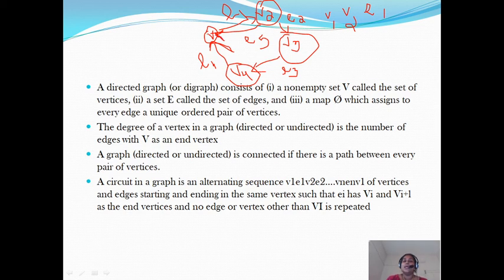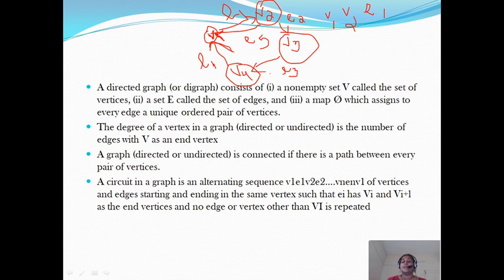That means the degree of vertex V1 is determined by the number of arrows with V1 as the end vertex. That is, the arrow must end at V1. So how many arrows end at V1? That is the degree of V1. Now next, the degree of V2 is 1 because only one arrow is coming to V2. Degree of V3 is 1, one arrow coming to V3. Degree of V4 is 1 because one arrow is coming to V4.